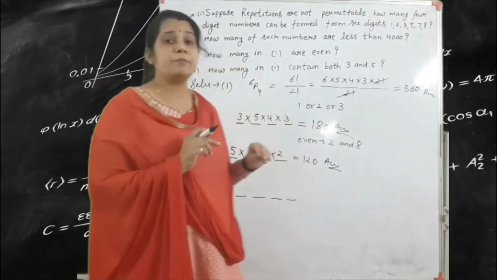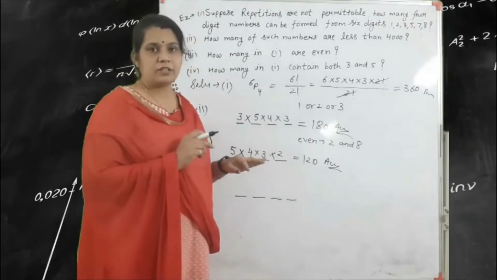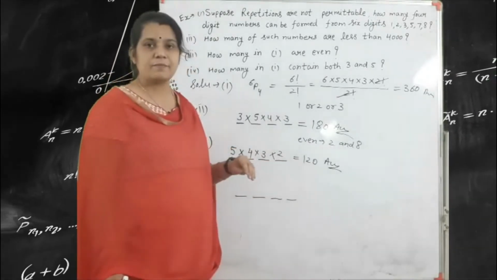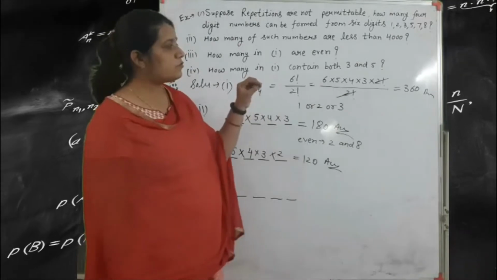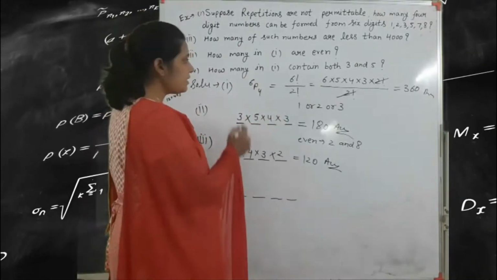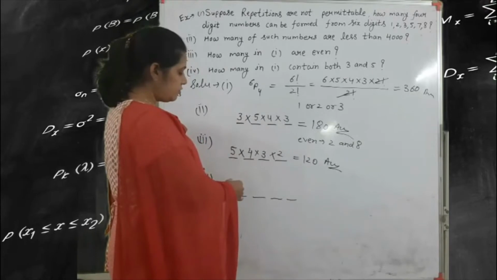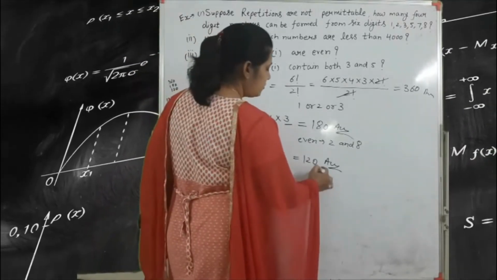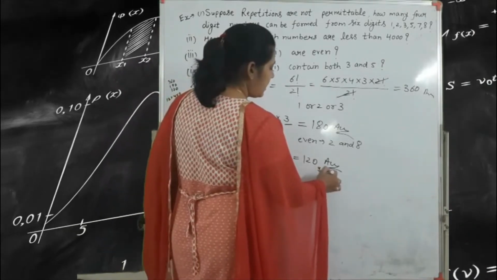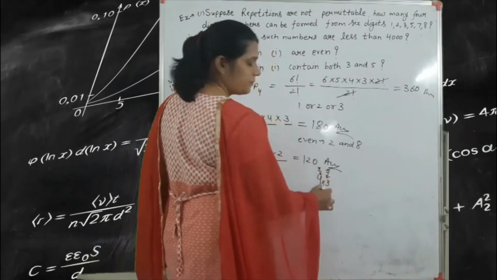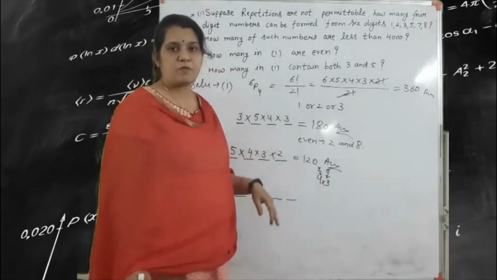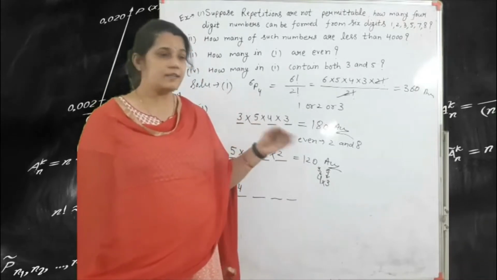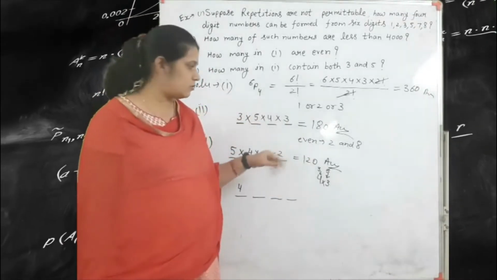If we put 3 here, according to 3 we have 4 places, and according to 5 we have 3 places. So 4 threes are 12, that means we already have 12 ways according to this question.